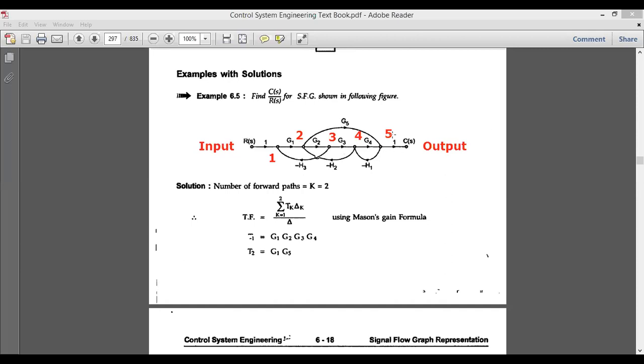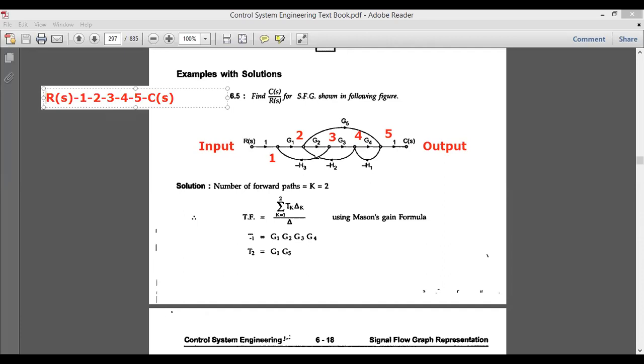So our first forward path is from R of S till C of S, through points 1, 2, 3, 4, 5 and C of S.